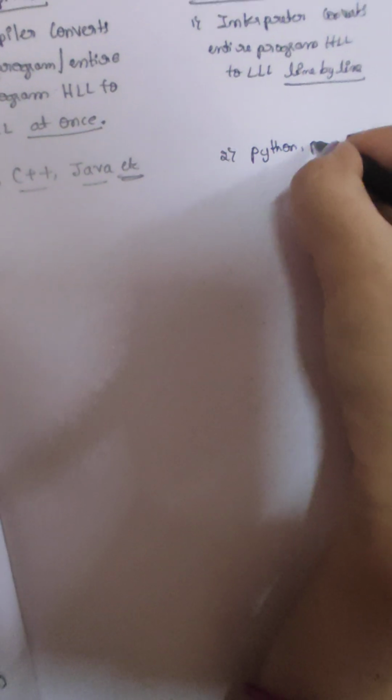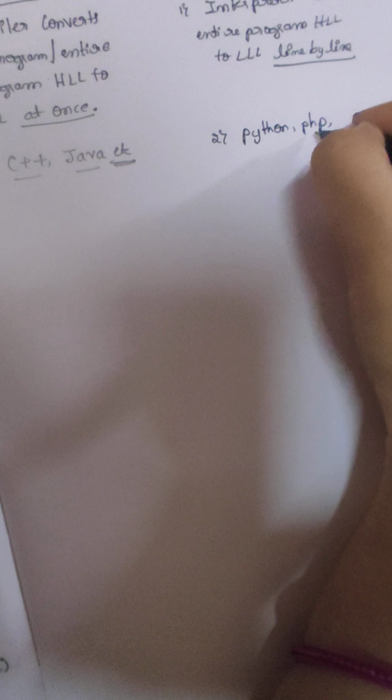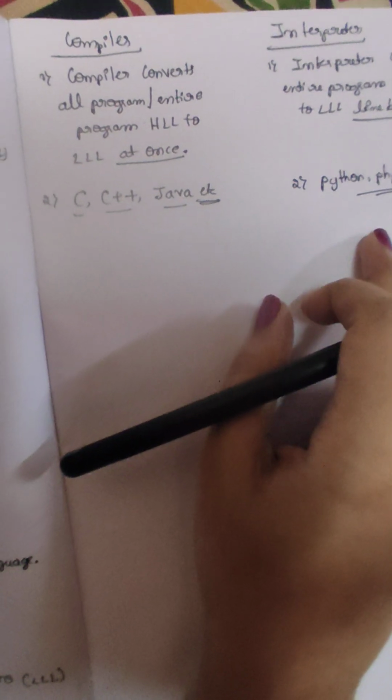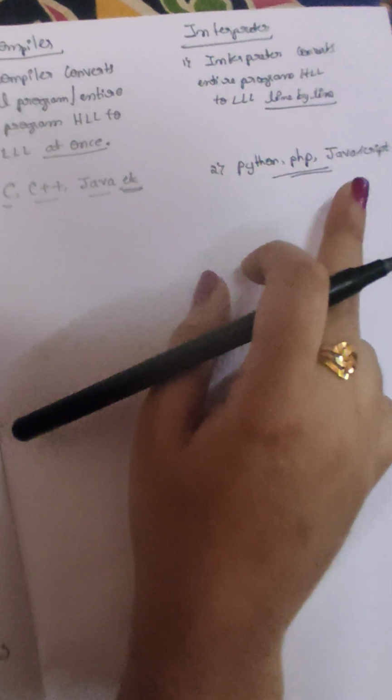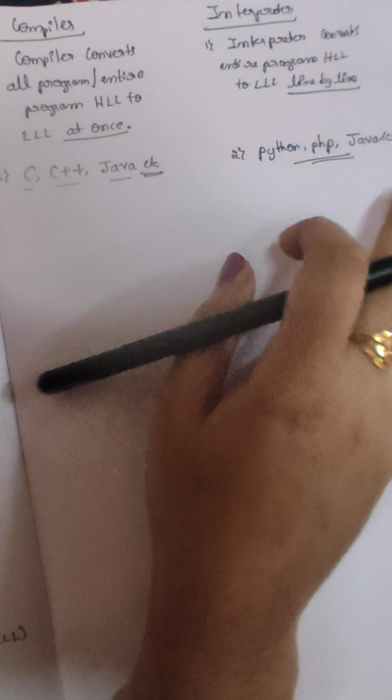So what are all the programming languages are using interpreter means our Python programming, PHP is also a programming language. It stands for hypertext preprocessor, and JavaScript. These languages are using interpreter to convert high level to low level.